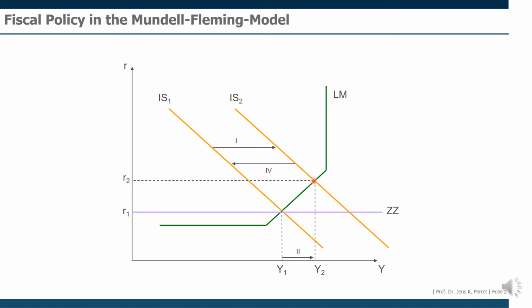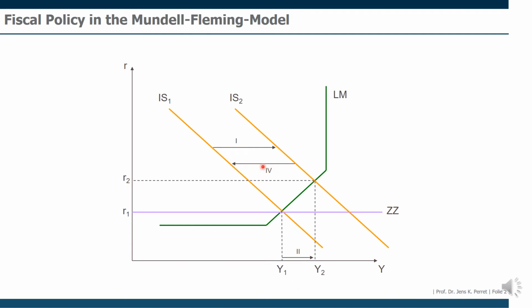With flexible exchange rates, as I said, the euro will appreciate, our currency will become more valuable, meaning we can import more because we get more for our currency. However, for other countries, our goods become comparatively more expensive, so we will export less. So in total, our net exports will decrease.